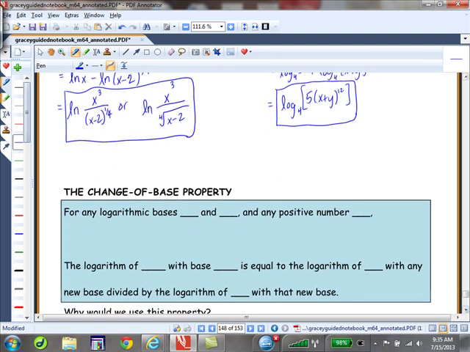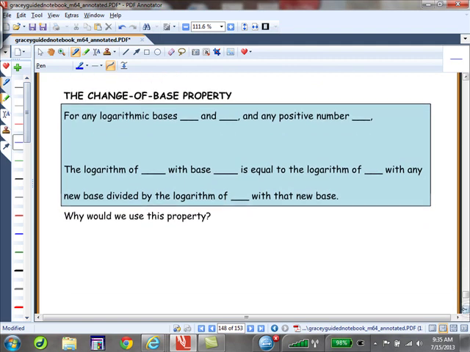Now the change of base property is as follows. For any logarithmic bases a and b and any positive number m, it turns out that log base b of m is equivalent to log base a of m over log base a of b.